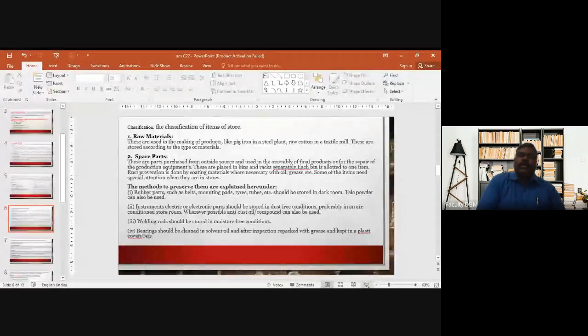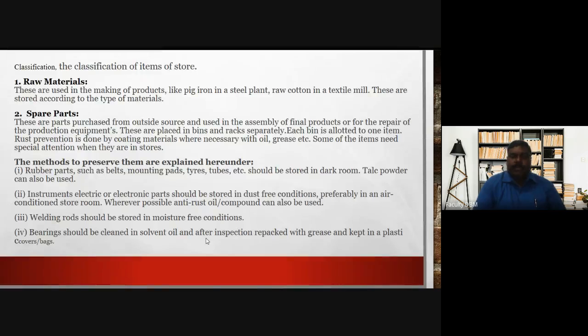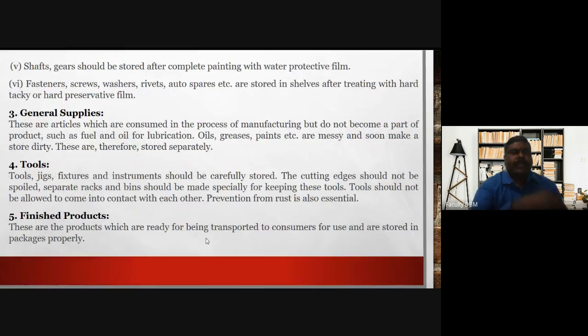If you invest so much money in buying these things and they become useless, it is a loss to our company. For that reason we place these greased products in covers or bags.